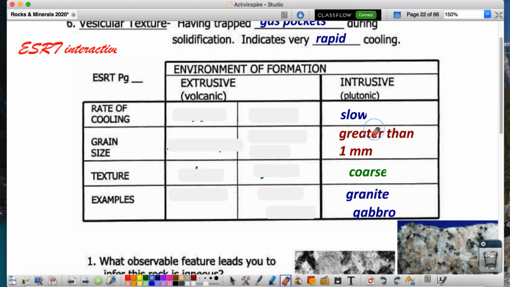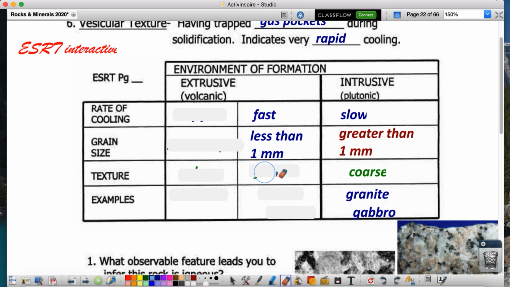Now, let's take a look at rapid cooling or fast cooling beneath the surface. If it cools quickly, what's the grain size going to be? Feel free to peek at the ESRT. And your answer, the grain size is going to be less than 1 millimeter. Again, check in the ESRT. What do you call the texture that results from a grain size that small?